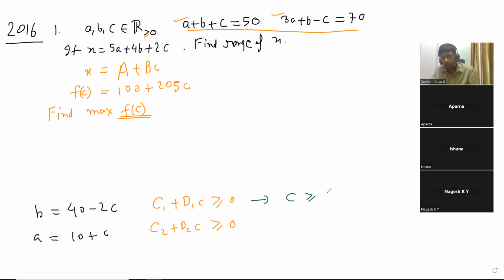So let us try to see. Let's imagine that we get that C is bigger than some positive number 1, and C is bigger than some positive number 2. If you end up with this situation, then how would you find the maximum of C?